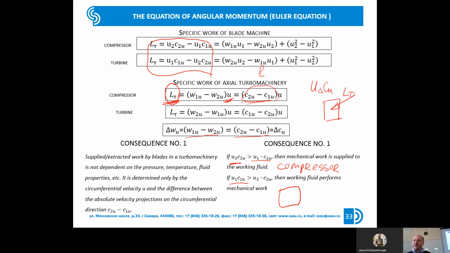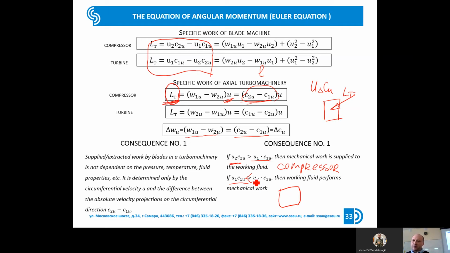How could you use this information? I'm going to give you a calculation, and if you find in your calculation that you are calculating a turbine, but here you have less, it means something is wrong. It could mark that you made a mistake. Typically you receive the opposite sign for the turbine.